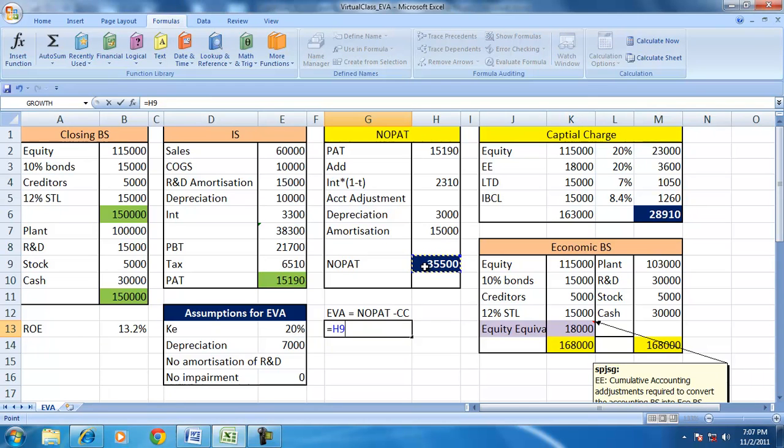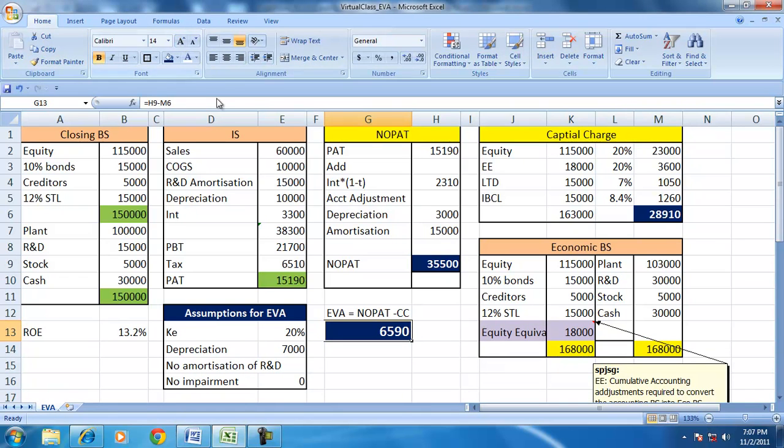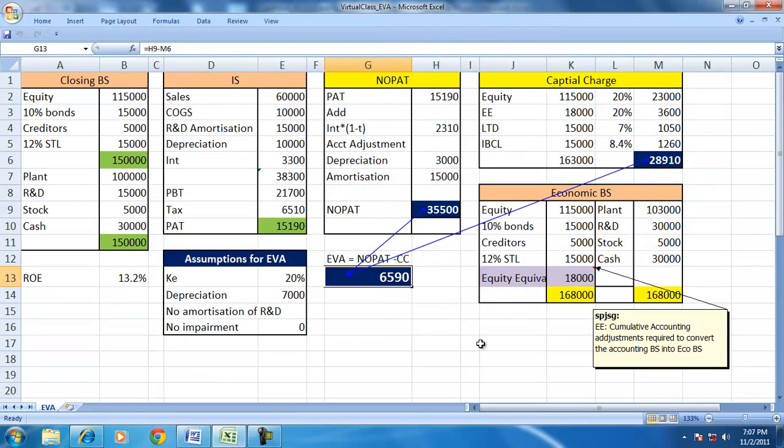The NOPAT is 35,500 minus 29,000, so therefore 6,590 is the economic value added for this particular business, which is the excess of the net operating profit after tax over the capital charge. And the capital charge is 28,910.